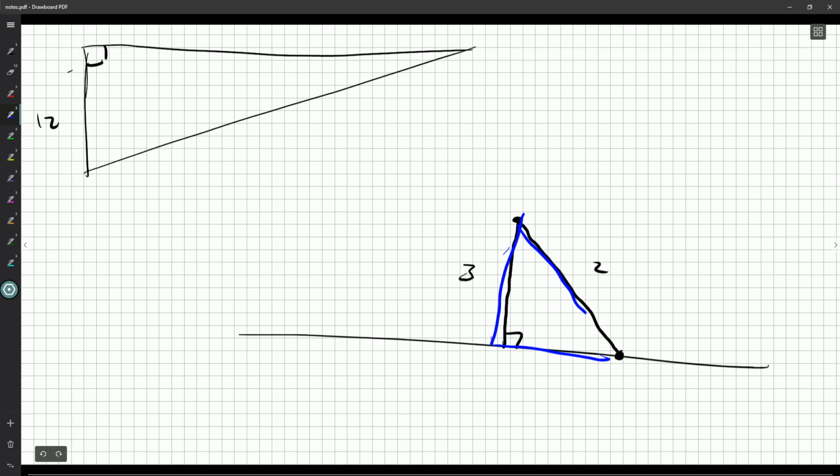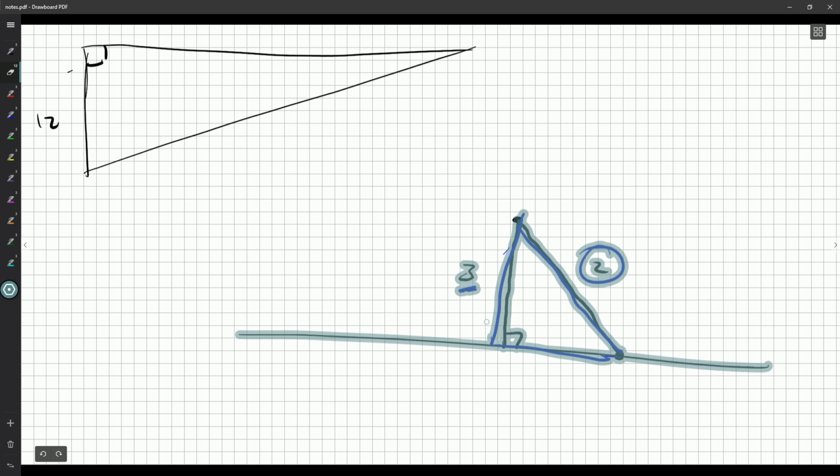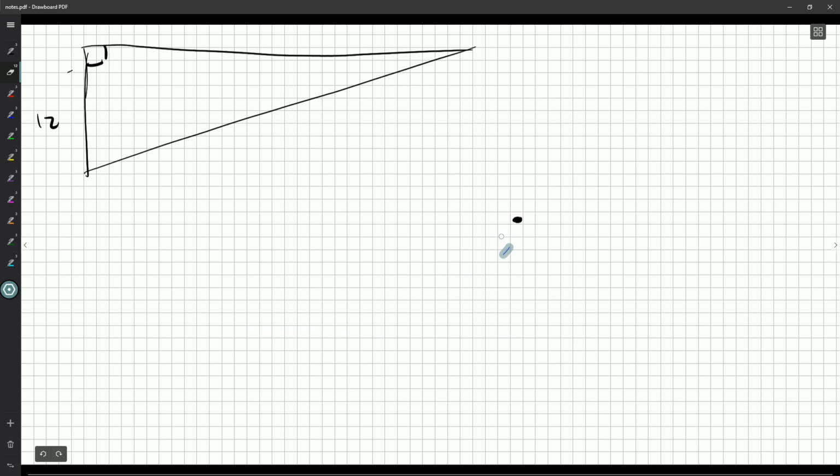We have a nice little right angle triangle. What's the longest side in a right angle triangle? The hypotenuse. And yet, based on my picture, 2 is bigger than 3? I don't think so. That's why the right angle line will always give you the shortest distance, because anything else would have to be bigger because you'd make a triangle.